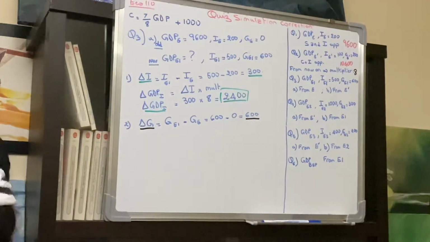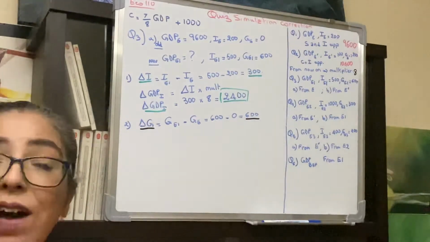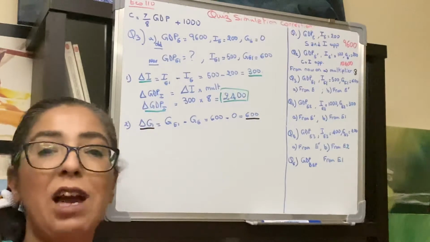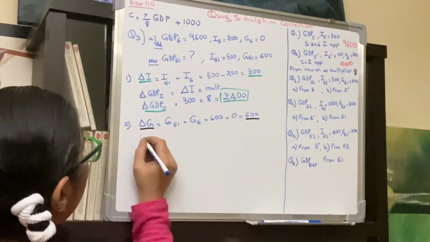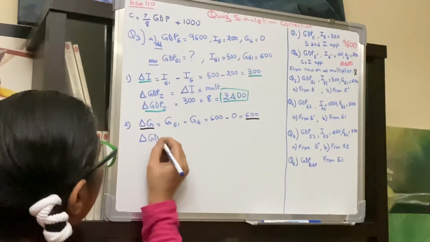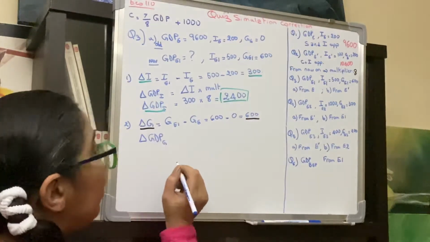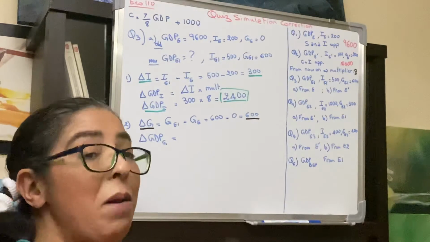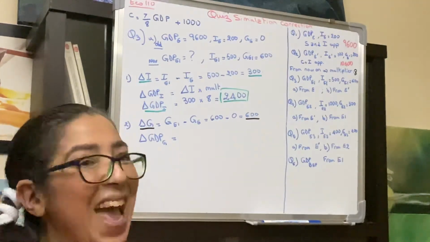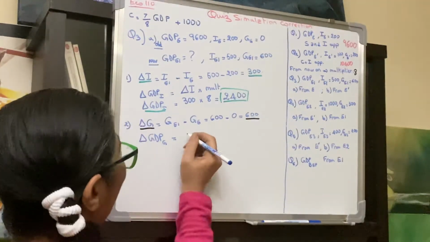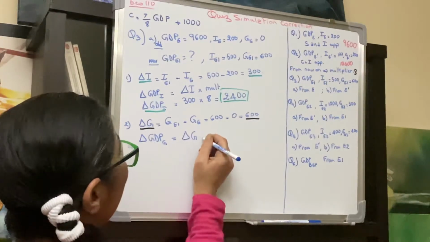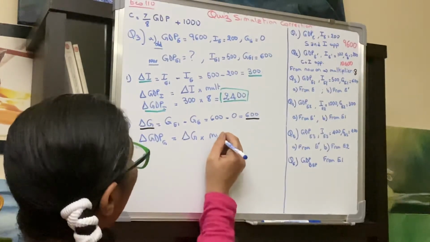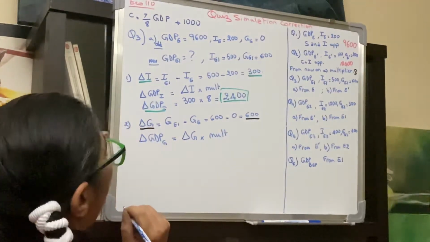Okay, so I found delta G. I need to find delta GDP due to the government. So delta GDP due to the government, it's the same thing. The expenditure multiplier, remember, it works for investment and government purchases. So it is equal to delta G times the multiplier, the expenditure multiplier.